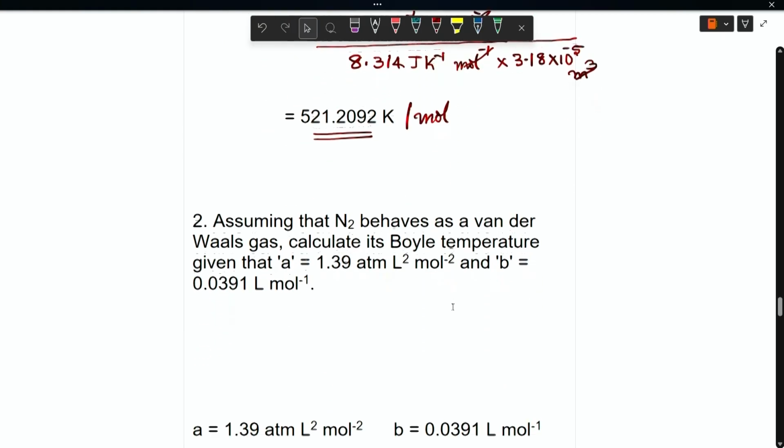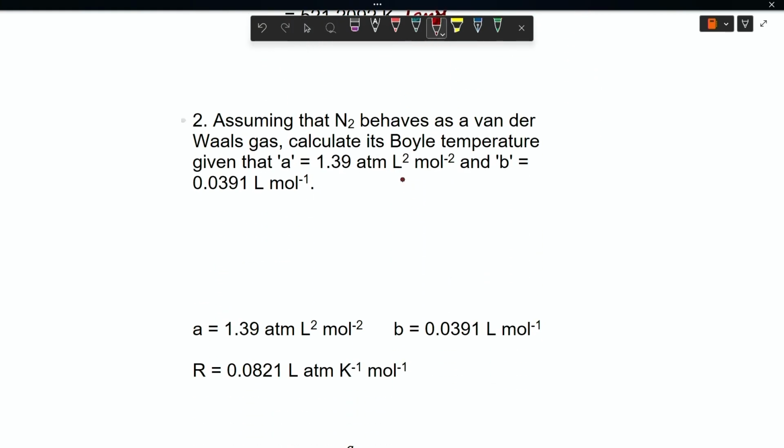Now, taking the second problem, assuming that nitrogen behaves as a van der Waals gas, calculate its Boyle temperature given that A is equal to 1.39 atmosphere liter square mole raised to minus 2 and B is equal to 0.0391 liters per mole.